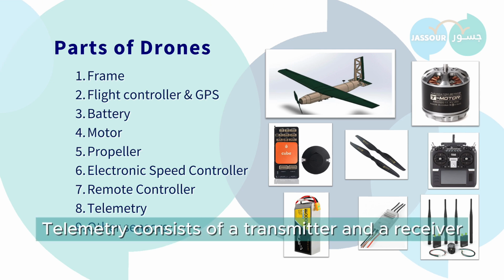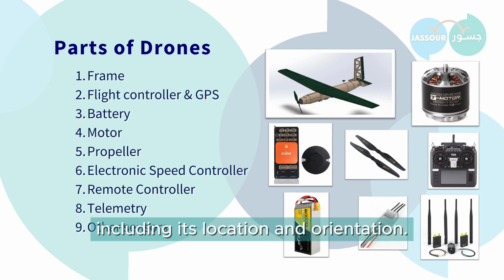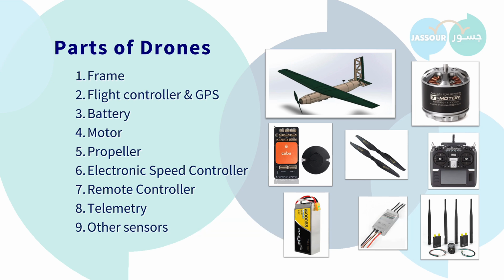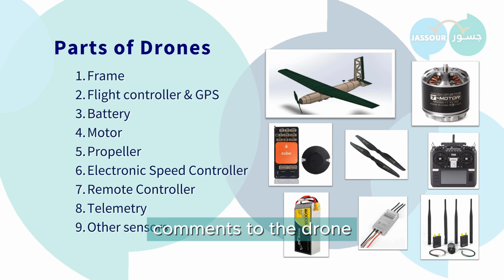Telemetry consists of a transmitter and receiver that sends the drone's data to the ground station, including its location and orientation. It also allows you to send control commands to the drone without needing the remote control.